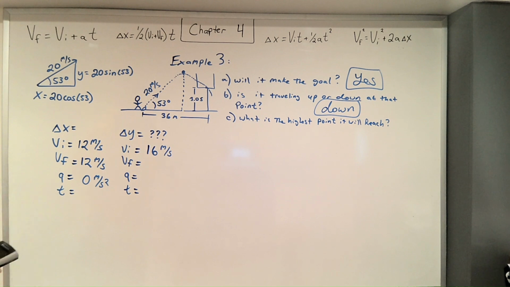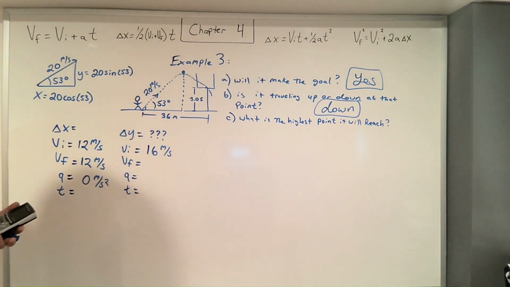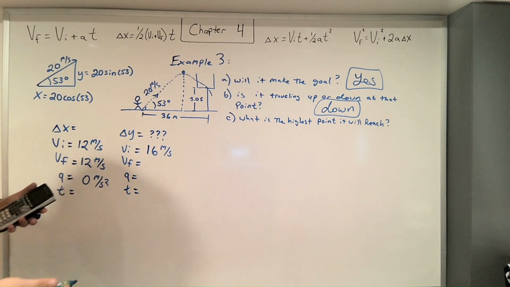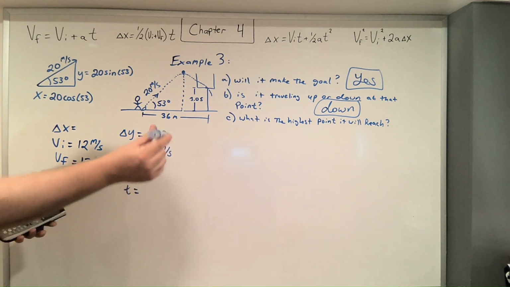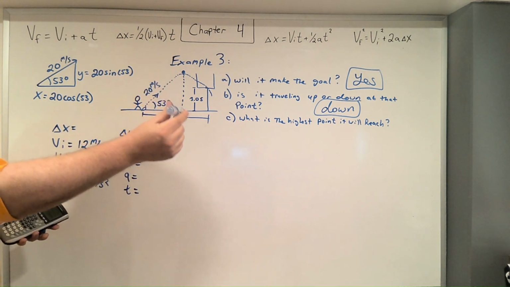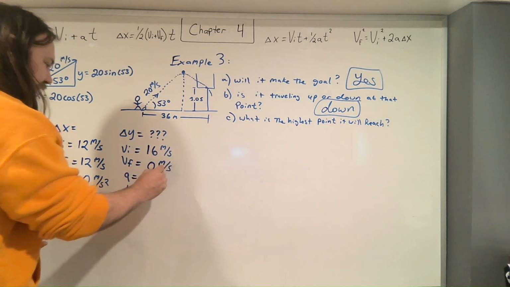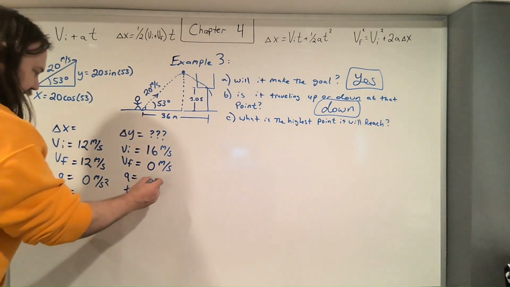But now what's the final? I'm not looking over here anymore. I'm now looking up here. And if we remember, the final velocity in the y direction at its highest point is when an object comes up, briefly stops, and then changes direction. So this problem has changed to 0 meters per second for the final velocity. Acceleration remains unchanged.